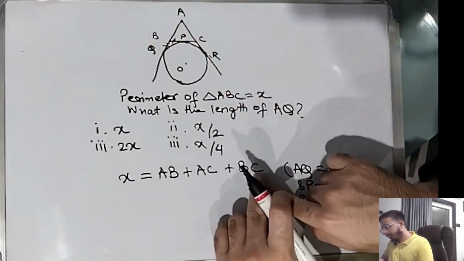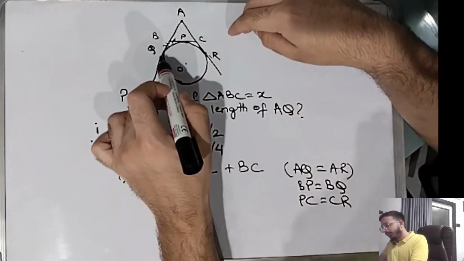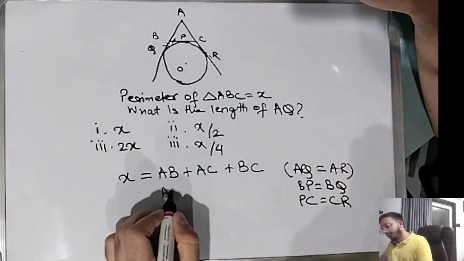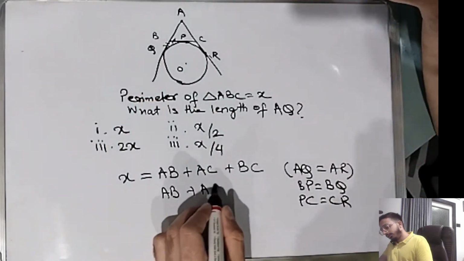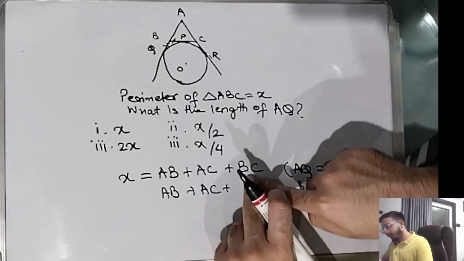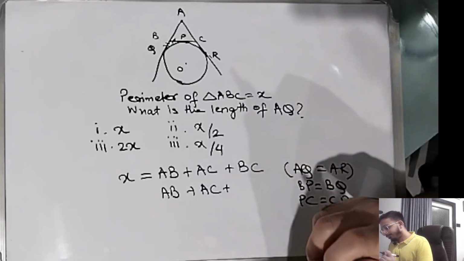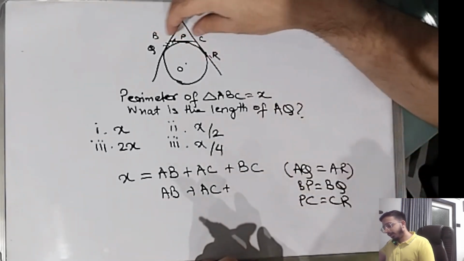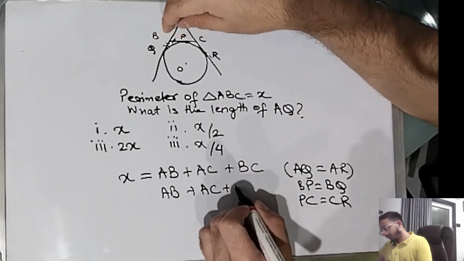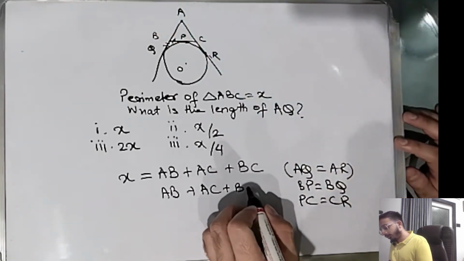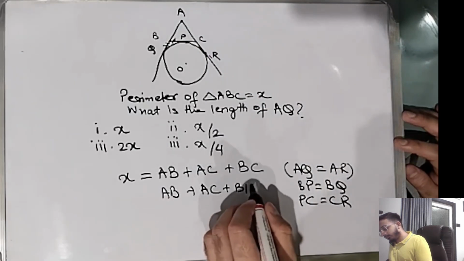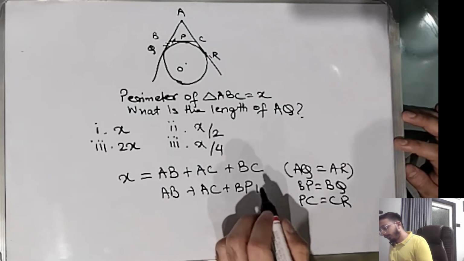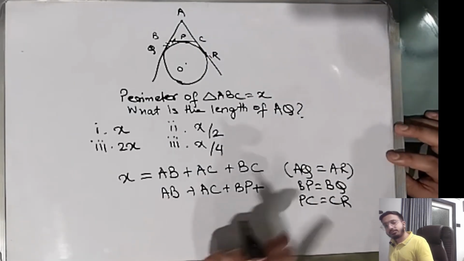So let's split BC up in terms of BQ and CR. So we can write AB plus AC, and we can split BC up into BP and PC. Let me not skip the point and just write everything clearly without skipping any point.